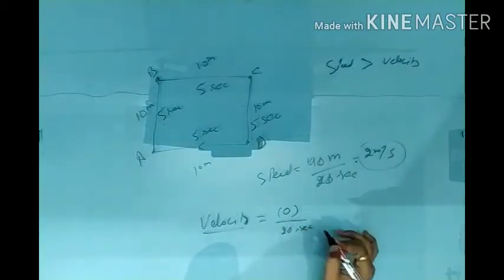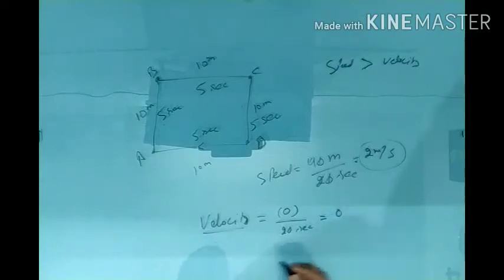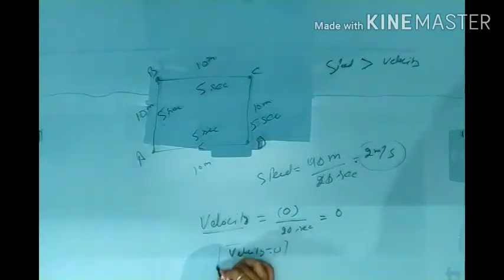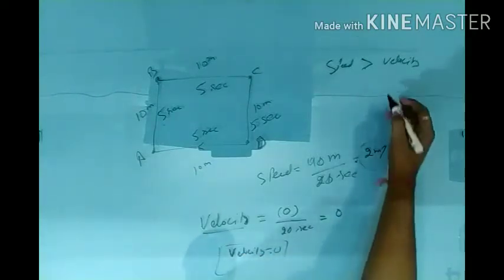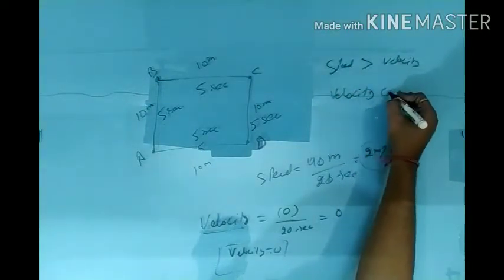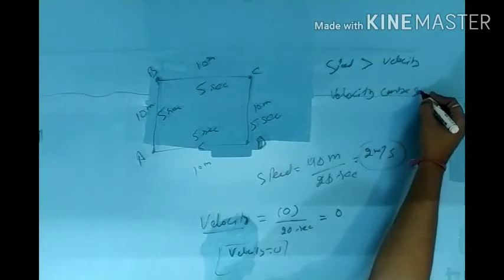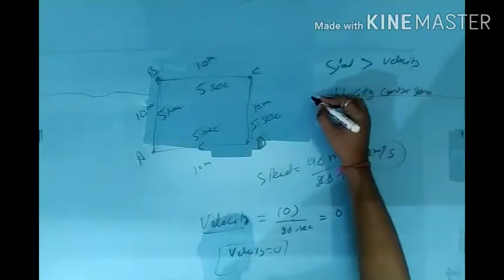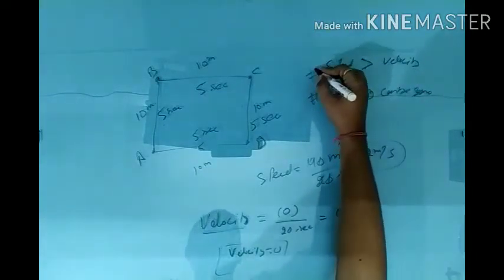Then 0 divided by anything is equal to 0. It means its velocity is equal to 0. But speed is 2 meter per second. So we can say that velocity can be 0. Second important point.